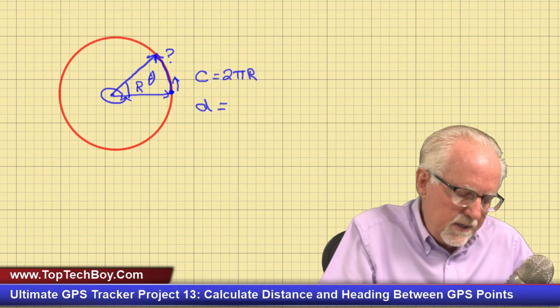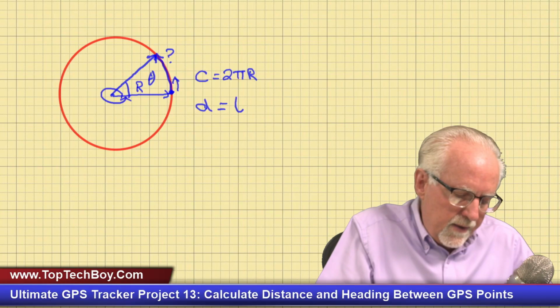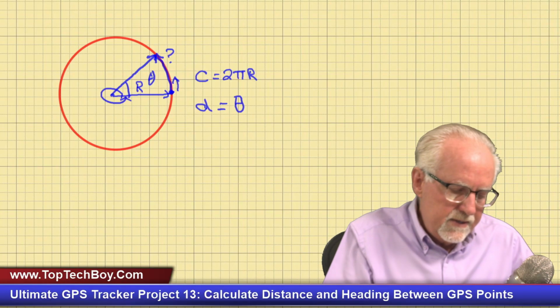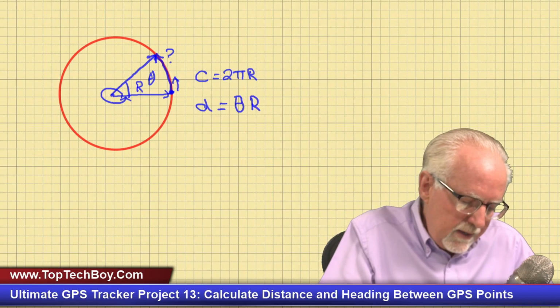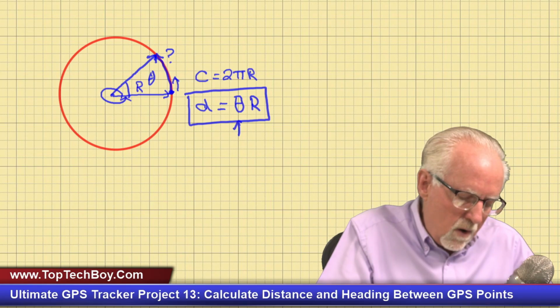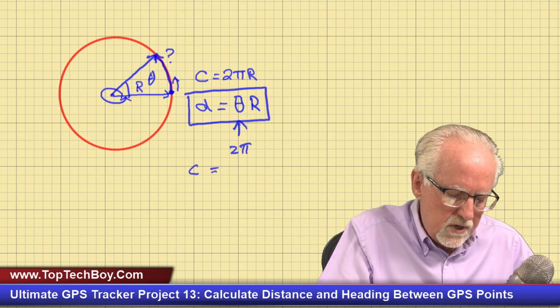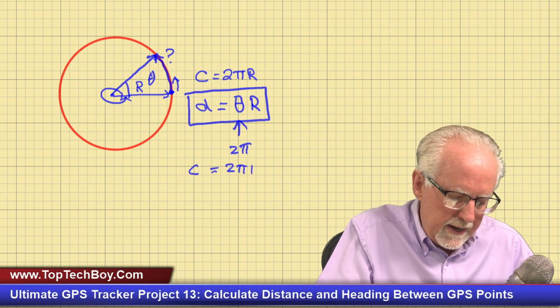That distance is equal to theta in radians, the angle that I went through in radians, times the radius, okay? And what you know it as is if you go all the way around, theta is 2 pi. So the circumference all the way around is 2 pi r.